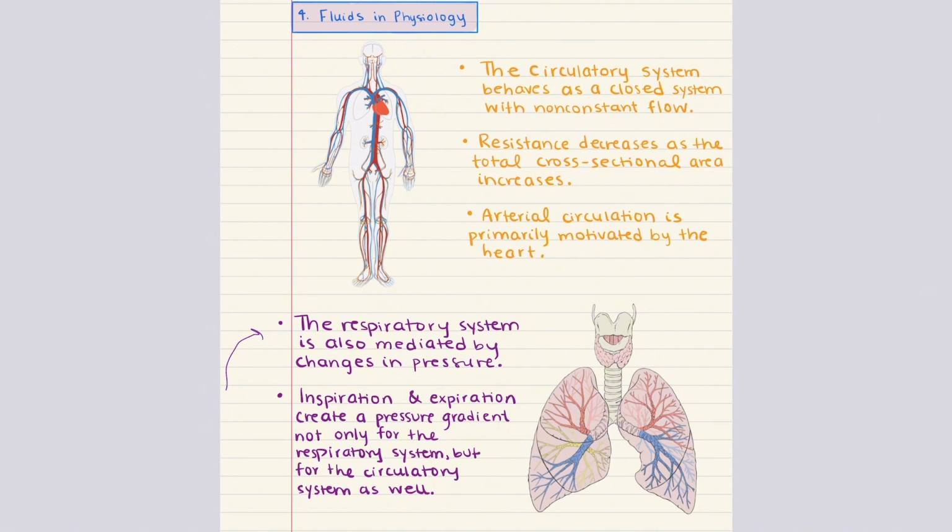So, in summary, the principles of fluid dynamics and pressure regulation are really fundamental to the functioning of both the circulatory and respiratory systems. And understanding these principles provides us with valuable insight into how blood flows through our bodies, how air moves in and out of our lungs, and how these systems work together to maintain homeostasis.